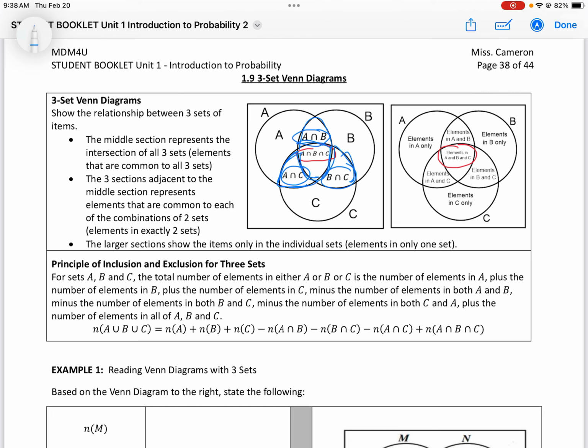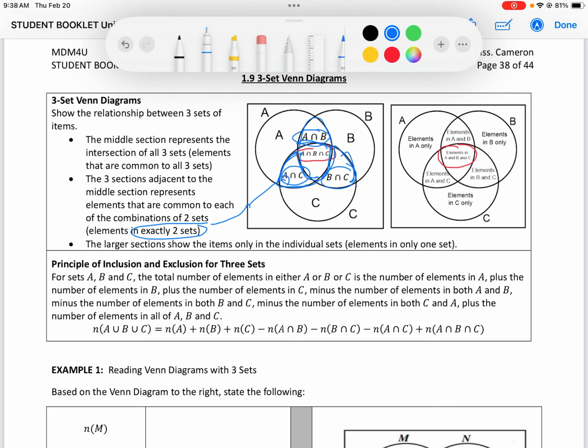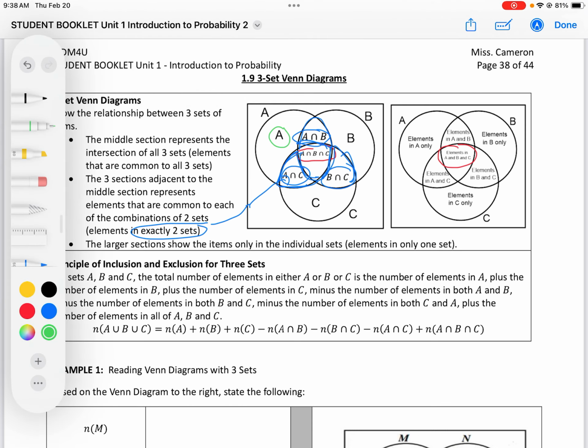So we have A and B, A and C, or B and C. These are exactly 2. And then the larger sections that are only labeled A, B, and C are elements only in A, only in B, only in C.